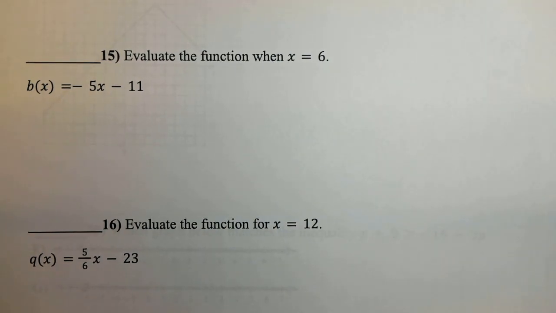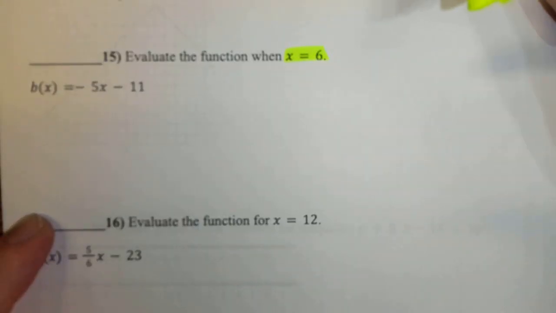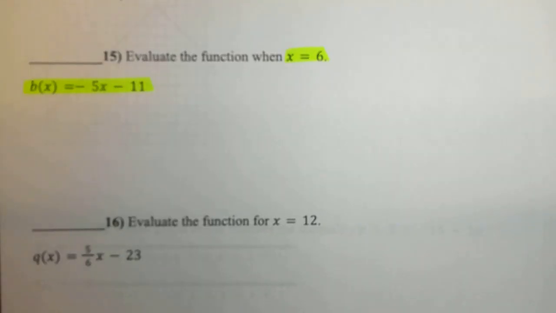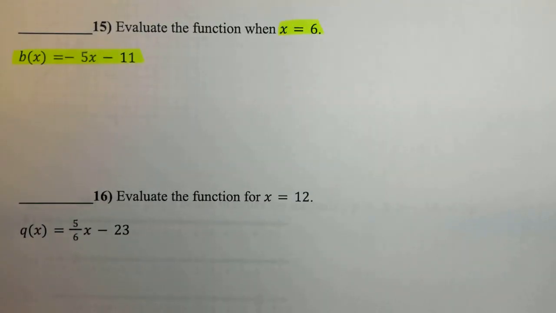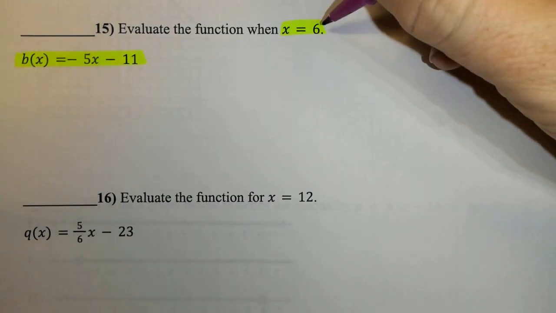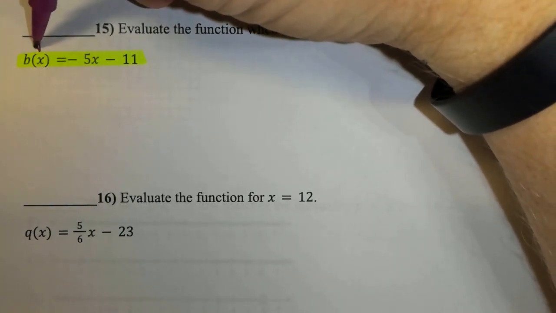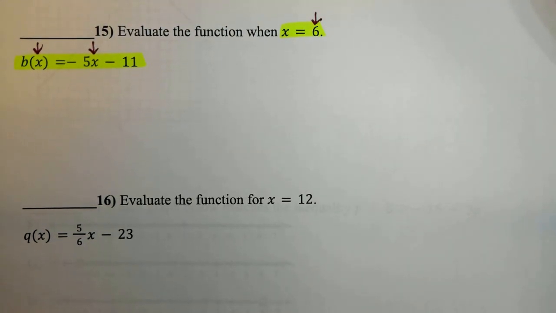So 15. Evaluate the function when x equals 6. And then it gives me some equation. So again, I want to take this number and replace every x with that number and then solve, get some answer.